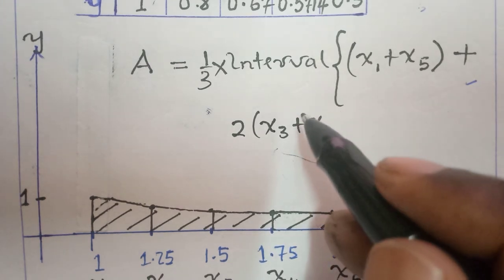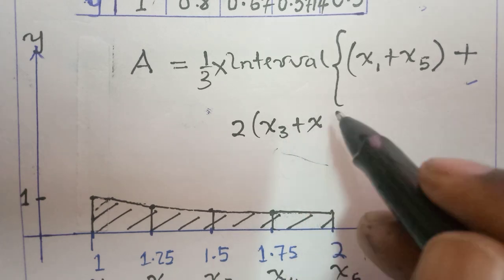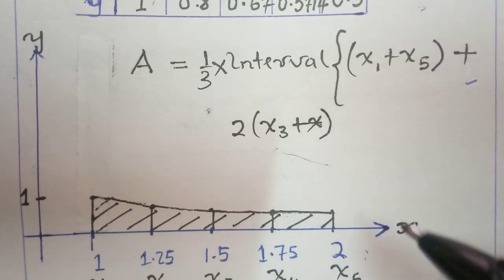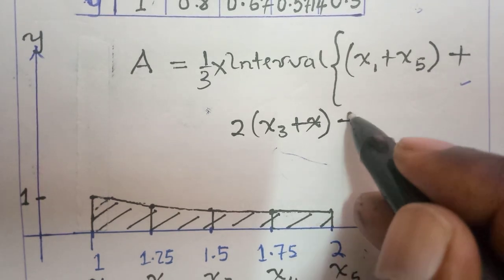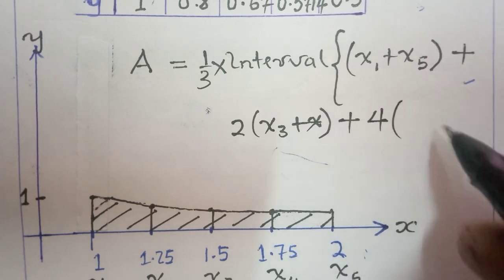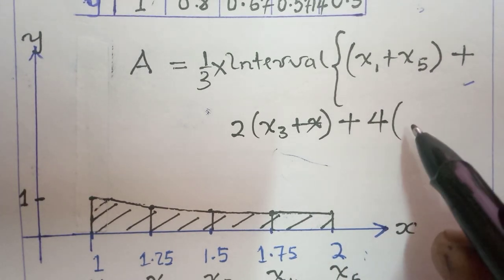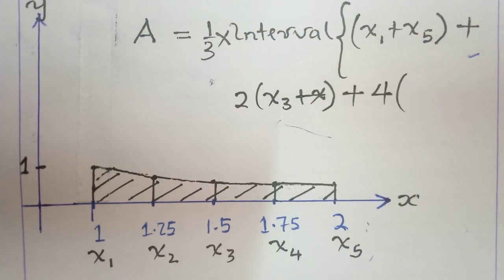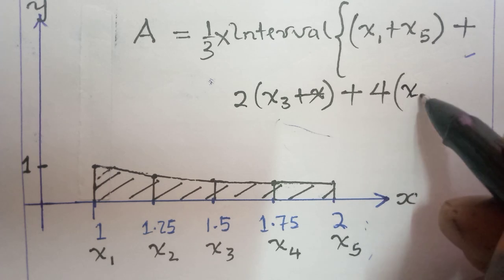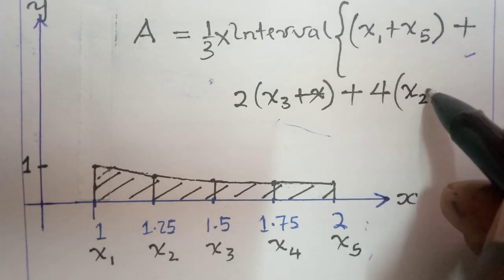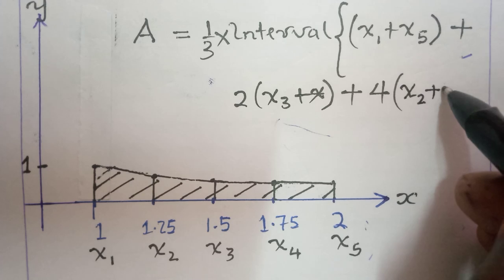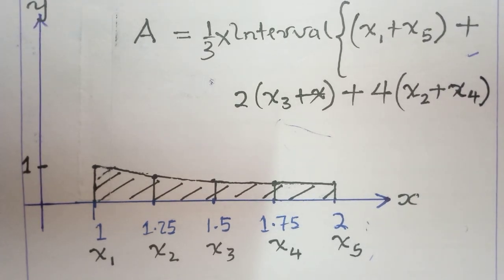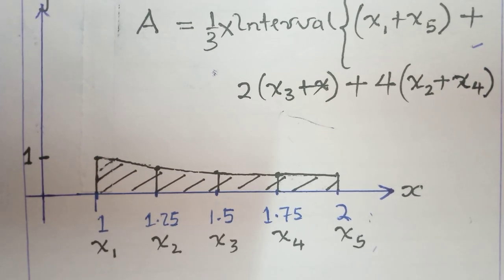So we just take the x3 as the odd ordinate, and so this one we can cancel that and put a bracket there, plus 4 multiplied by the other ordinates, which are even, and the one we have here first is x subscript 2 plus x subscript 4, like that. So this is the equation we use, guys, to find our area.